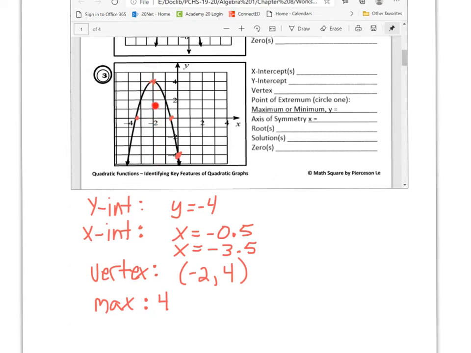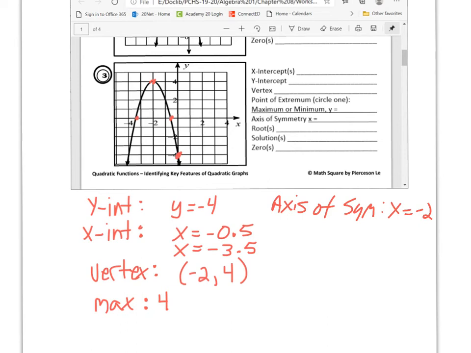So to create a vertical line, in this case, it's x equals negative 2. So my axis of symmetry is x equals negative 2. Because if we draw a vertical line through x equals negative 2, we will have the axis of symmetry.